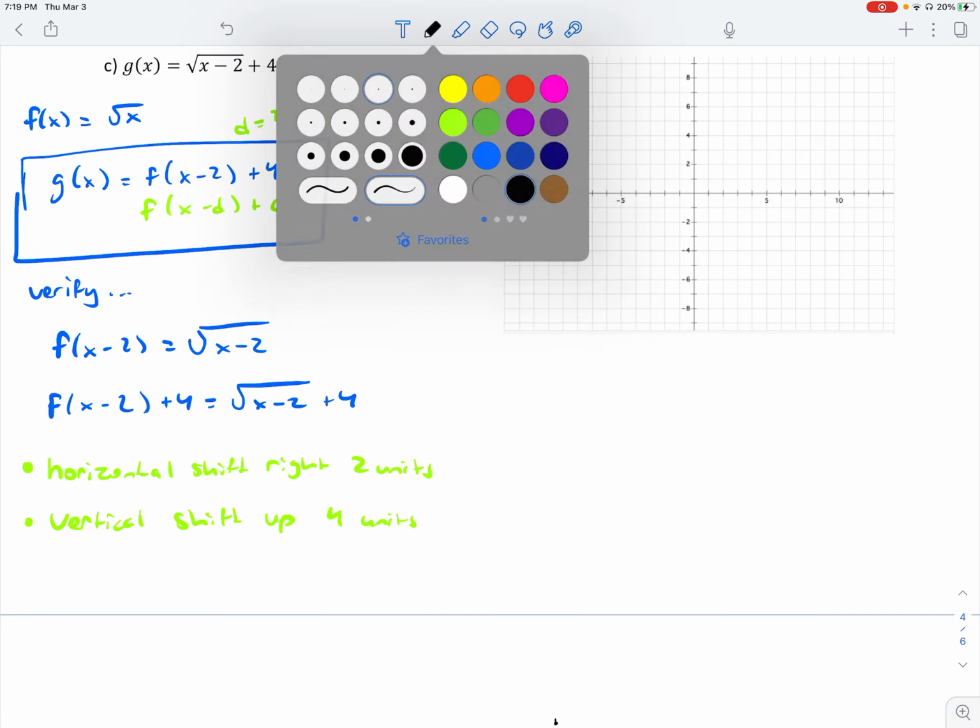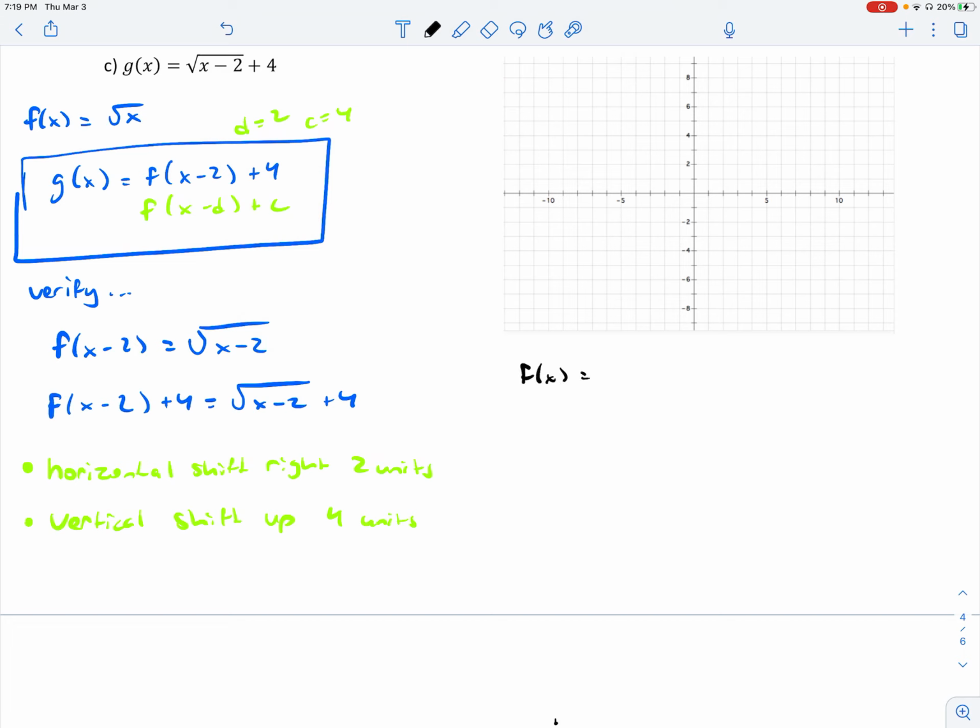Okay, let's write out our base function. Base function is root x, and let's establish some key points. So because we're square rooting x, I want to use positive and perfect square numbers, like 0, 1, 4, and 9. Plugging those in, I get 0, 1, 2, and 3.